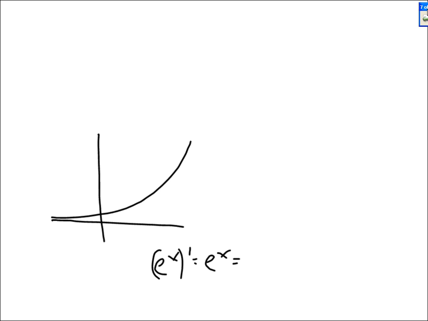It's basically, I'm not saying it looks like this, but here's e to the x. It doesn't have any critical points because the derivative is e to the x, and like I said, it doesn't ever equal 0.